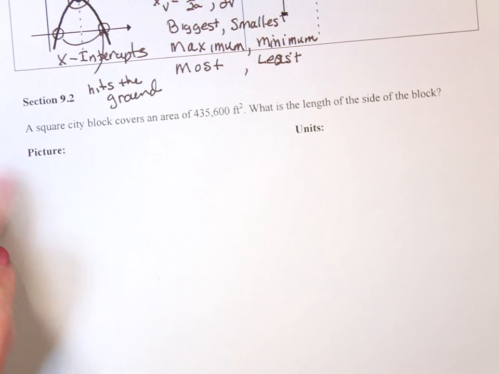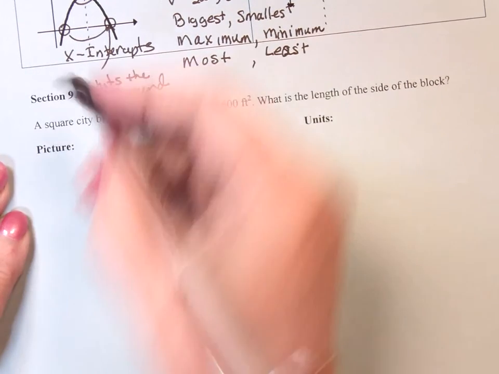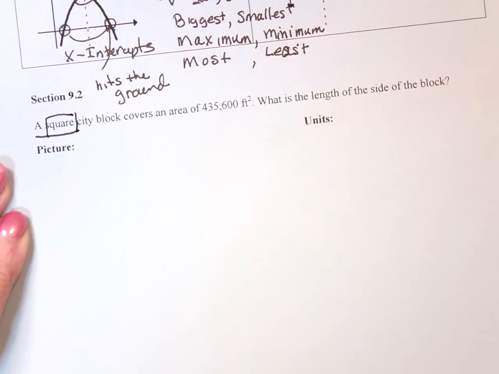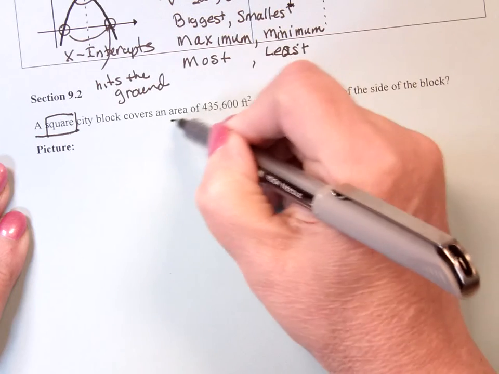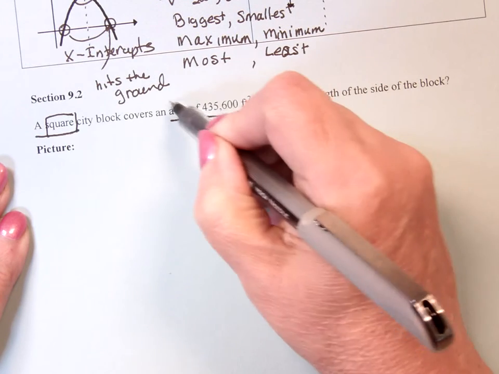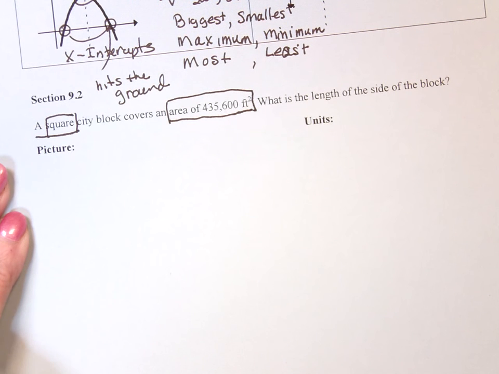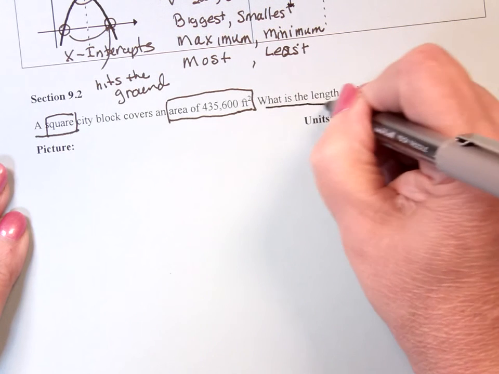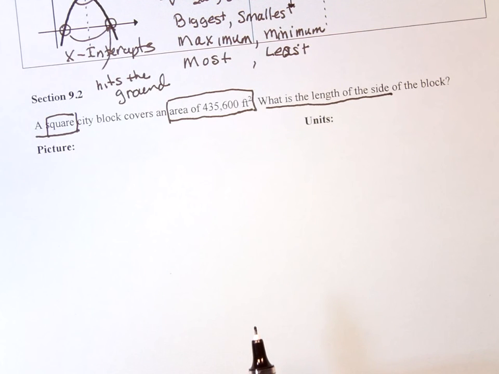The problem says a square, notice the word is giving me a geometric object, namely a square, city block, covers an area of 435,600 feet. And then it says, what is the length of the side of the square? Of the side of the block.